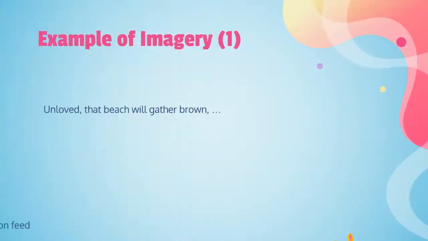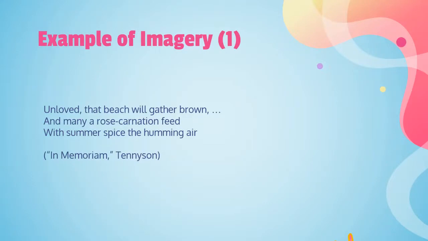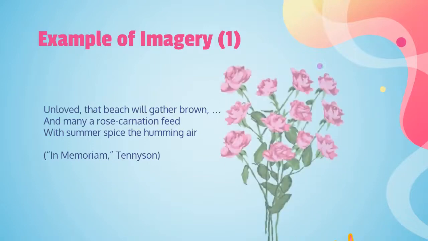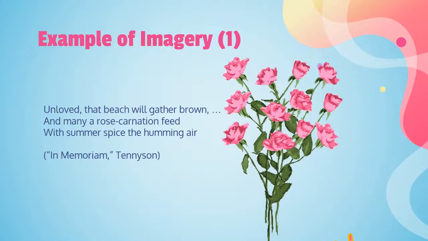And here's an example of this first type of imagery from In Memoriam of Tennyson. Unloved that beach will gather brown, and many a rose carnation fade with summer spice, the humming air.